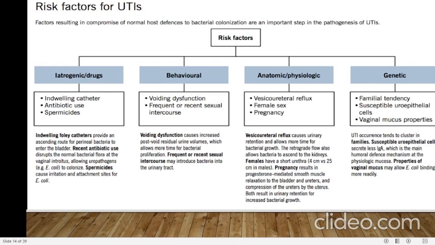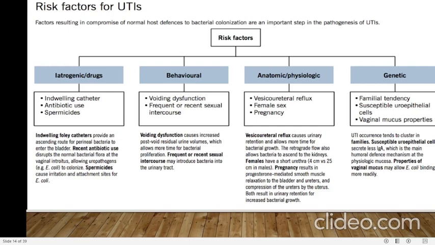Voiding dysfunction causes increased post-void residual urine volumes, which allows more time for bacterial proliferation. Frequent or recent sexual intercourse may introduce bacteria into the urinary tract. So the best advice is, after sex, you need to urinate within 15 minutes. Difficult, challenging, but we can try, guys.